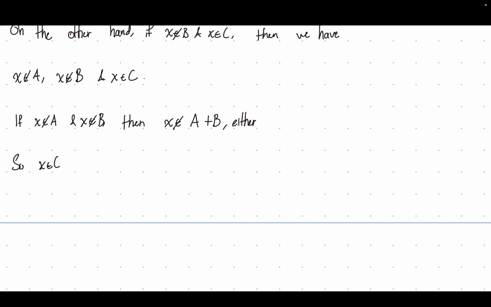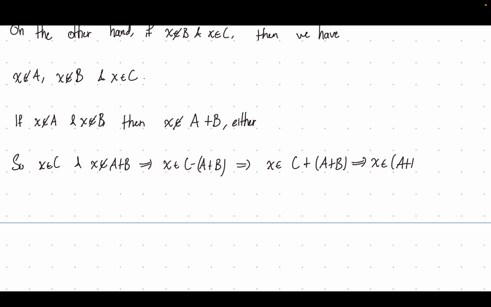So x is in C, and x is not in A plus B, which implies that x is in C minus A plus B, which implies that x is in C plus A plus B, which implies that x is in A plus B plus C.